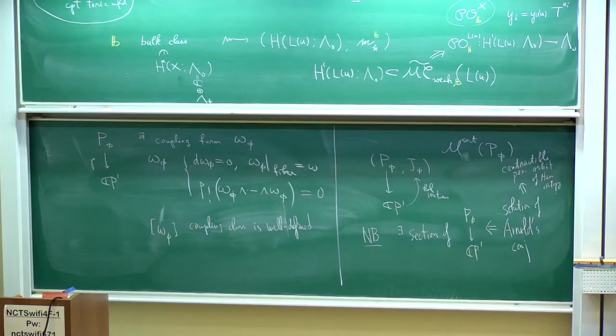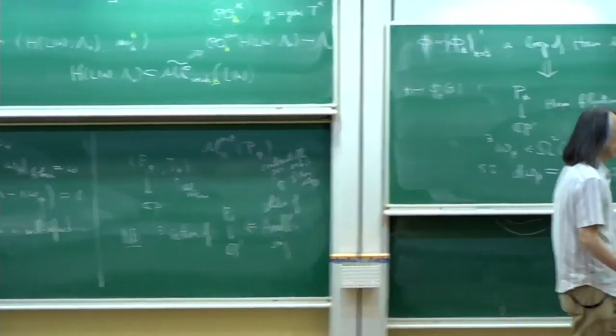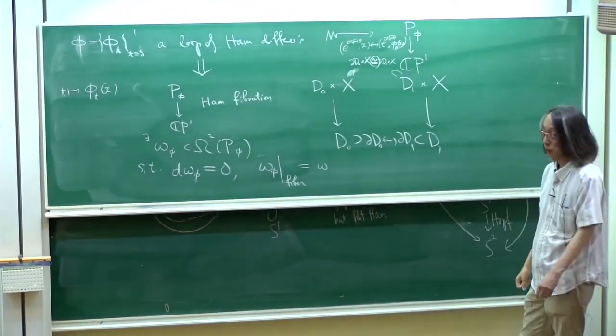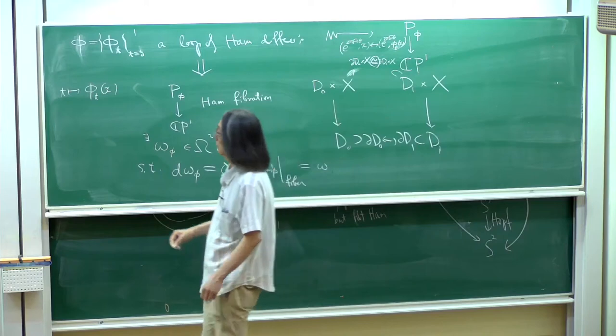So at each point, you have phi t of x. It's a loop, already a loop. It's a periodic orbit, right? But the conjecture says that there must be a contractible one. So therefore, this one is actually a contractible loop.